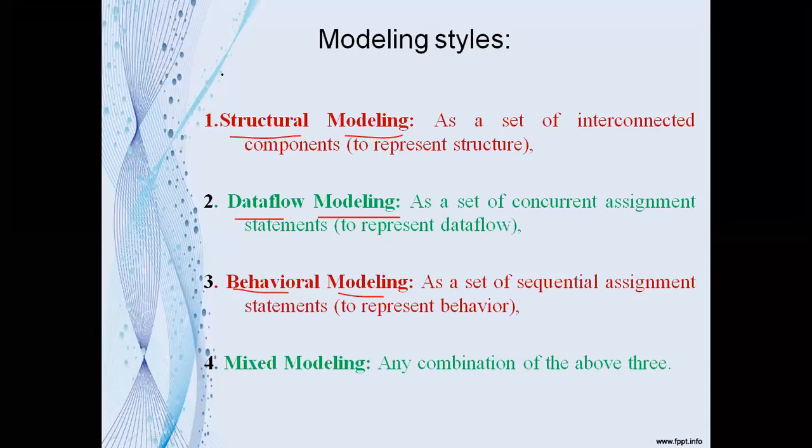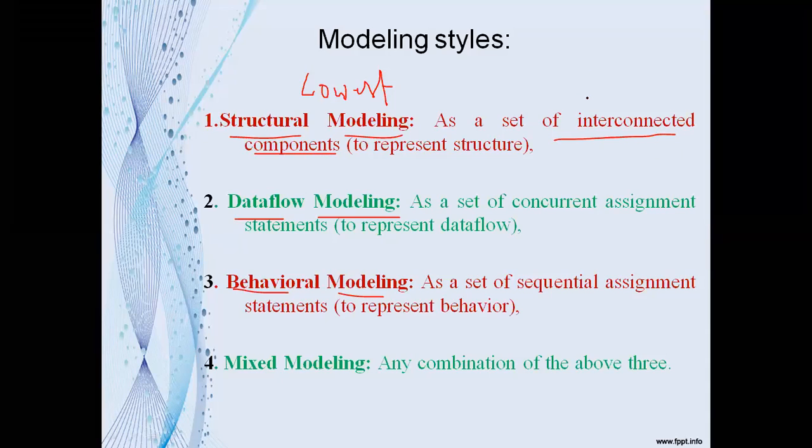Out of the basic 3 modeling styles, the structural modeling is the lowest level of model. In this modeling, the circuit is described, or designed, by the interconnection of components. We can also say that this is the gate level.